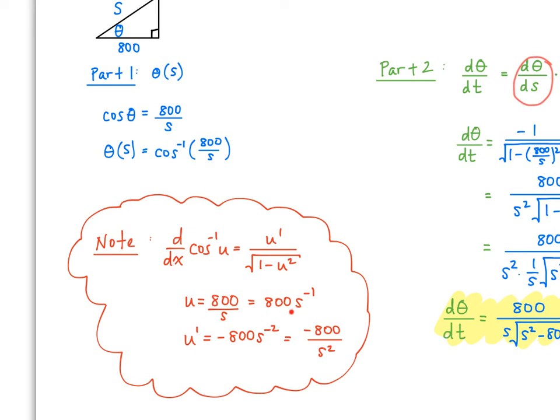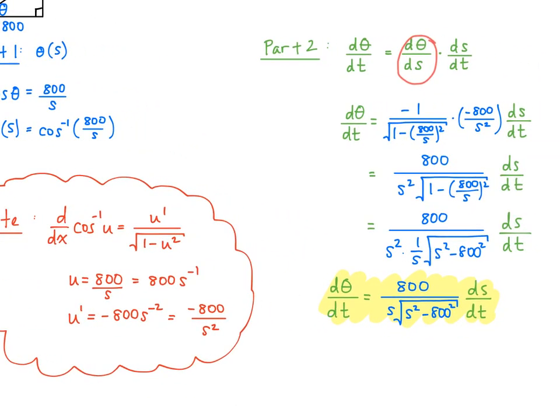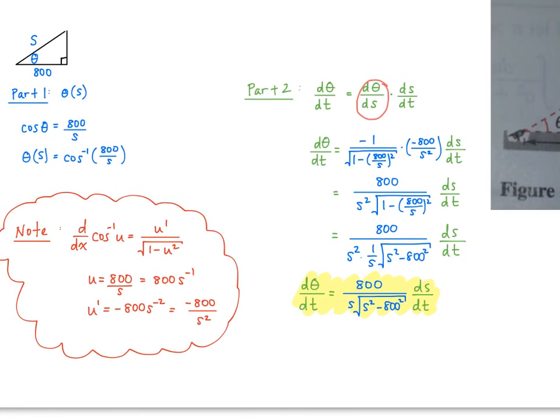We can rewrite it as 800 times s to the negative 1. So then taking the derivative of that, we get negative 800 s to the negative 2, or simply negative 800 over s squared. So that's going to help us with the numerator portion of this. So as we move back over here to then make our substitution for d theta ds, we get negative 1 over 1 minus 800 over s squared.